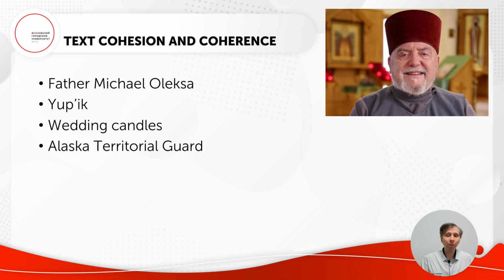In his book about small wonders that happened to him during his life, he tells a story of how he got married. He fell in love with a girl from the Yupik tribe. This is a Native American tribe which lives in Alaska. It's part of the Aleut tribes.